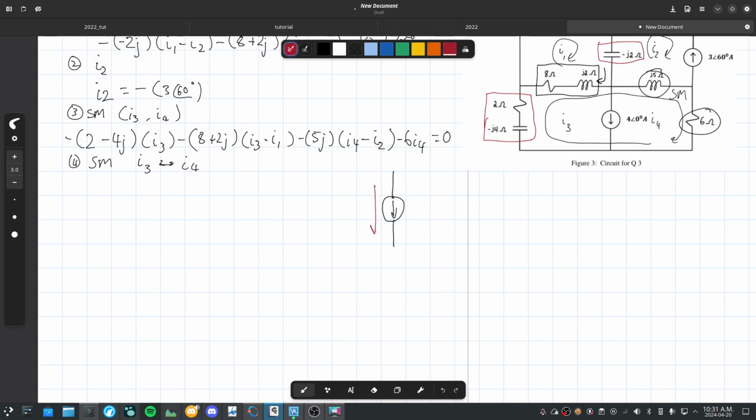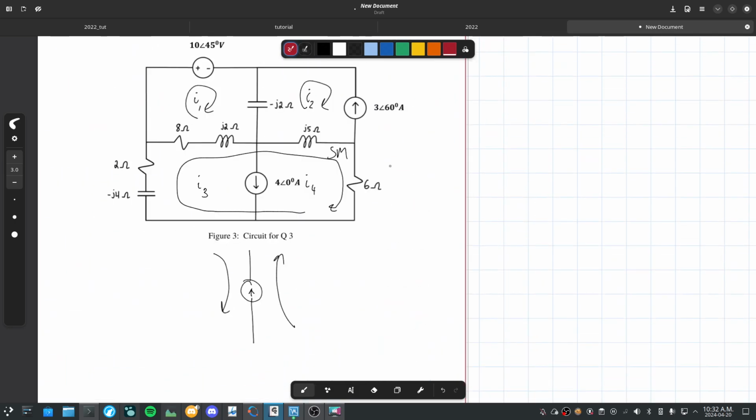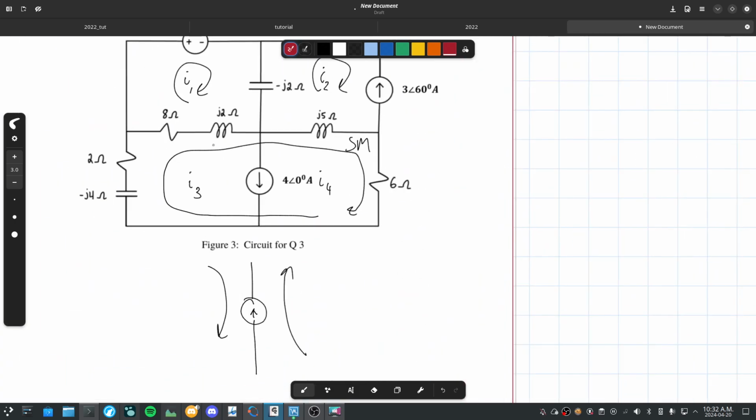This is our I3, and this is our I4. If you look up here to our drawing, this would be I3, and this would be I4. Again, I4 goes up, I3 goes down.